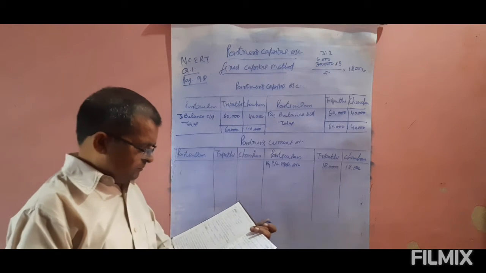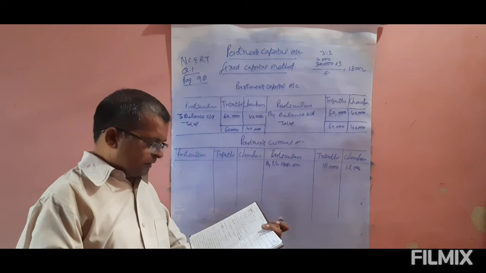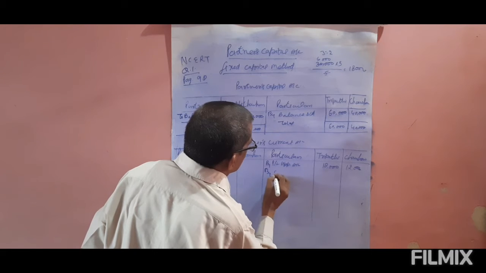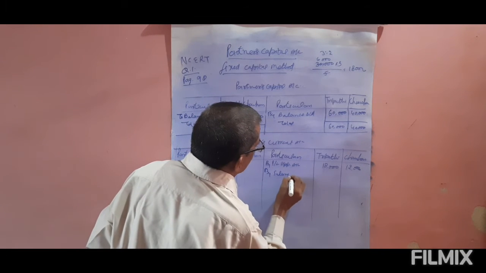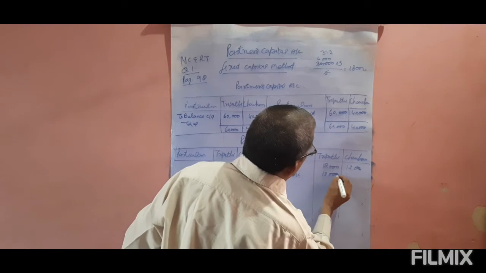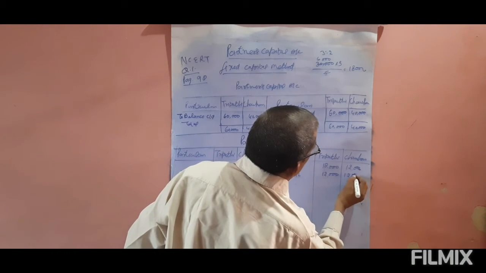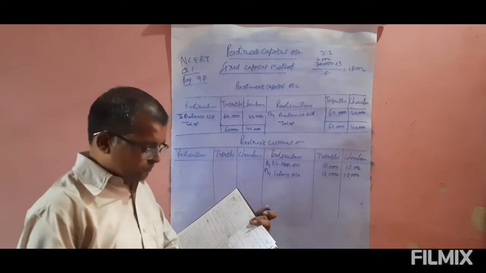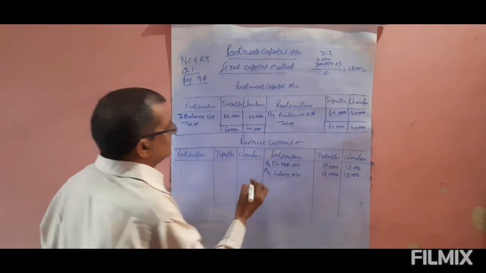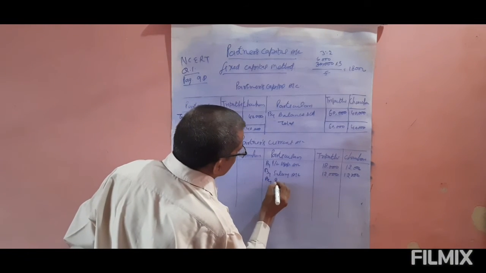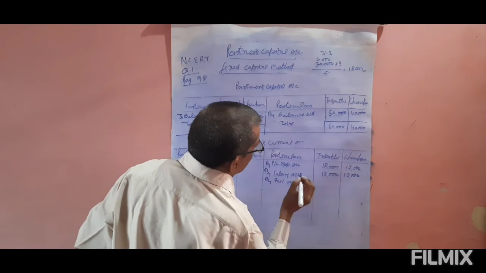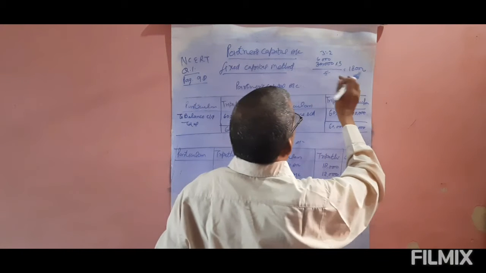Next, it is given that the partners are entitled to salary. By salary account, 12,000 for each partner, 1,000 per month for each partner. They are entitled to interest on capital at 5% per annum.